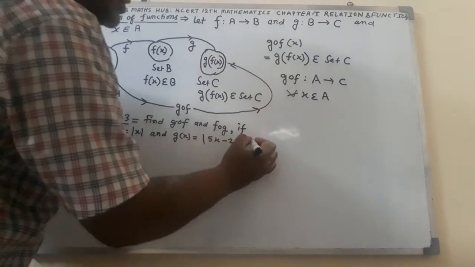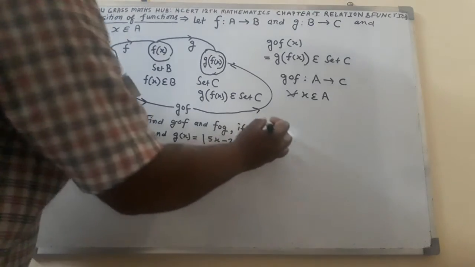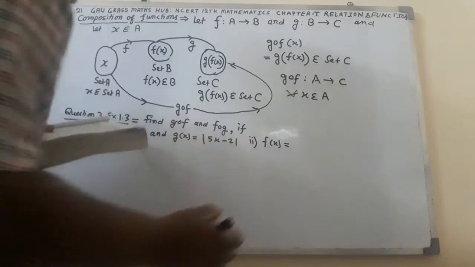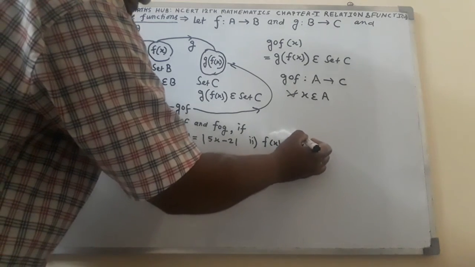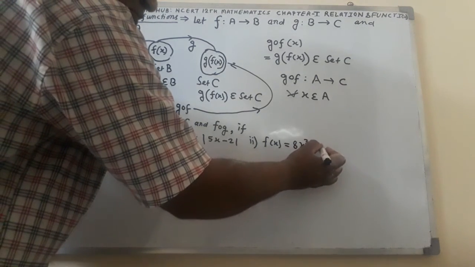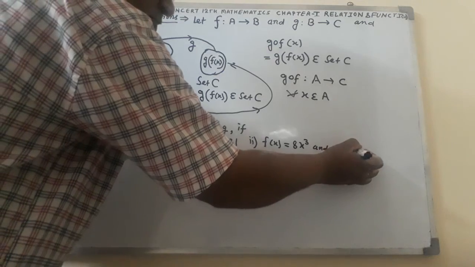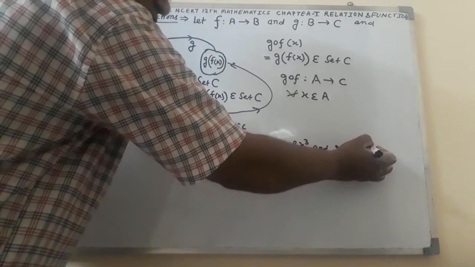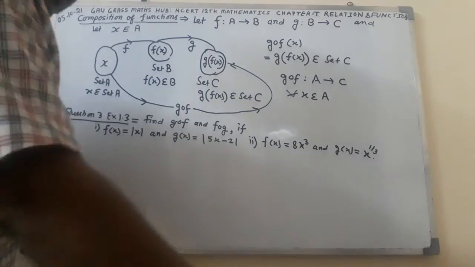Second question: f of x equal to 8x cube and g of x equal to x raised to the power 1 over 3. This is the question I am going to put here.